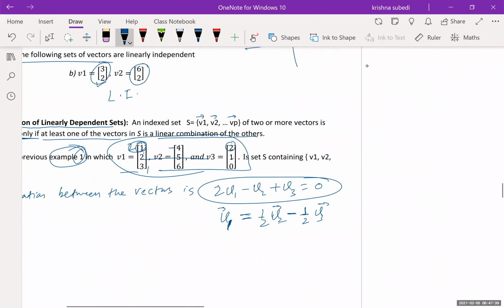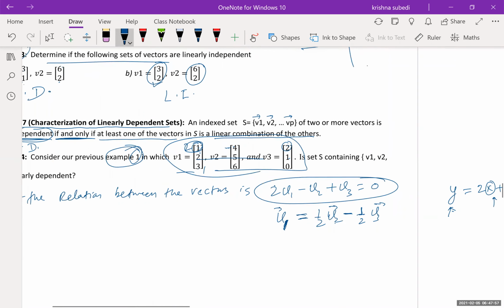Remember, in high school, we have seen that y equals, let's say, 2x plus 3. Then what we say is that y depends on x. So x is the independent variable and y is the dependent variable, right? In the same manner, here V1 depends on V2 and V3.